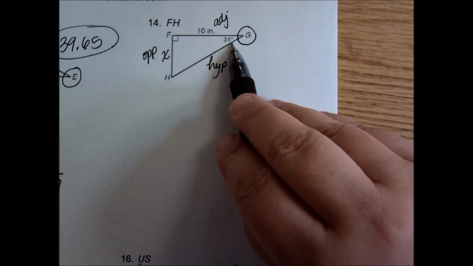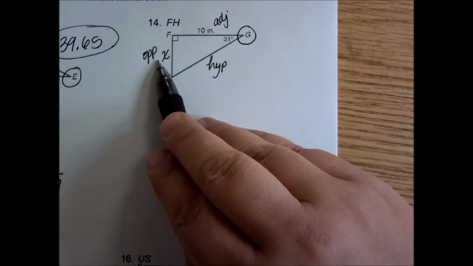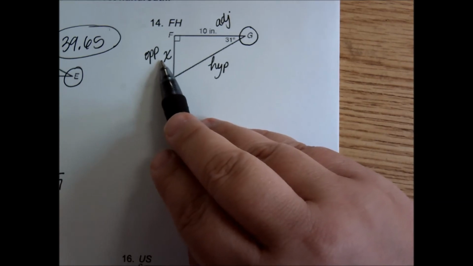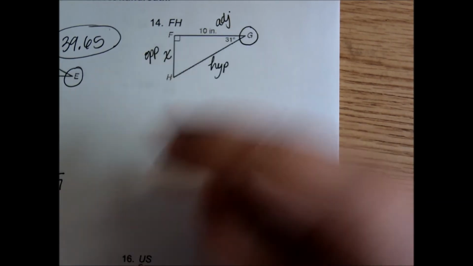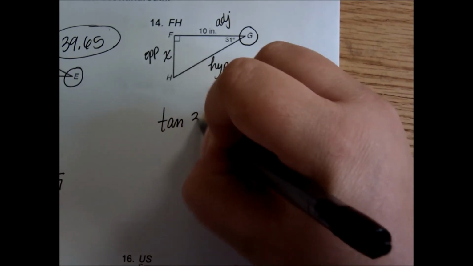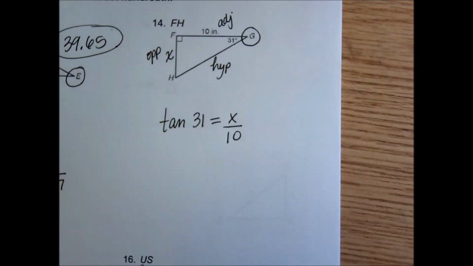So I'm working with the adjacent and the opposite. Which function uses, and when I say function, I'm just talking about the trig ratios, which one of those uses opposite and adjacent? Tan. Tan of 31 equals opposite, which is x, over adjacent, which is 10.